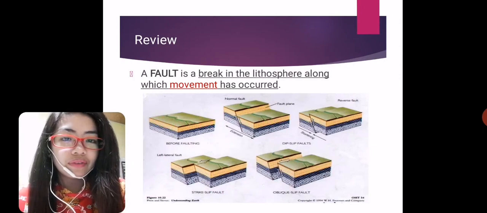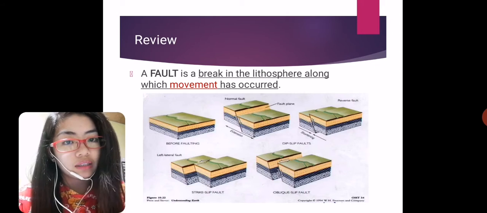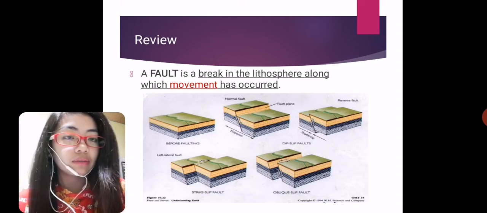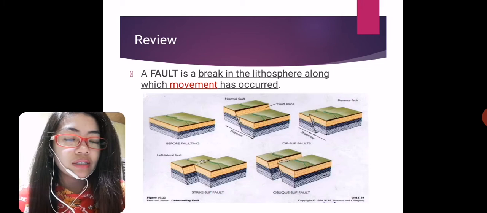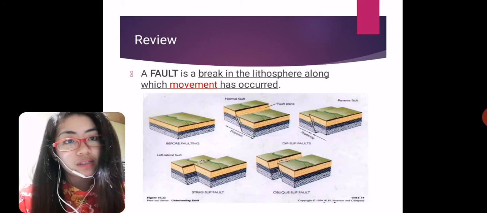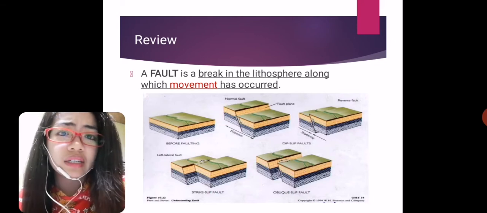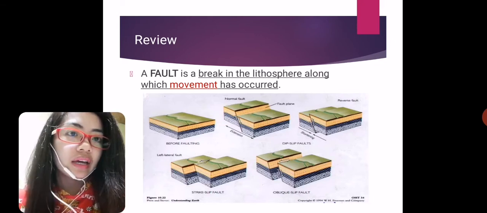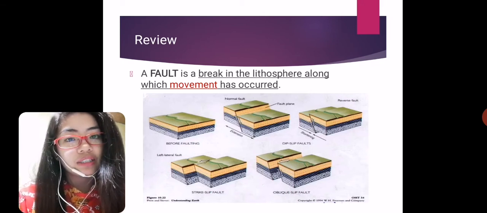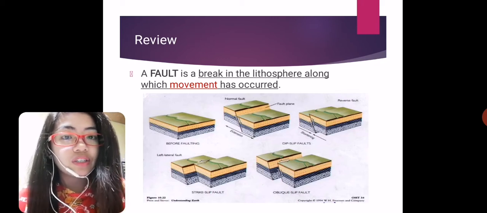Okay, as a review from week number 2 and 3, yung module natin ng week 2 and 3. Here is the discussion about fault. Nagkaroon tayo ng a brief discussion about yung mga types of faults. Pag sinabi kasi nating fault, as based on its definition, a break in lithosphere along which movement has occurred, or para siyang geologic cracks by which any moment pwede siyang gumalaw.